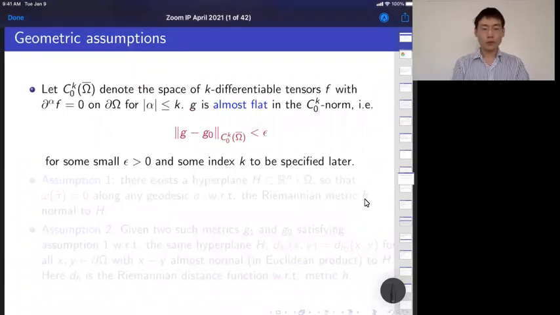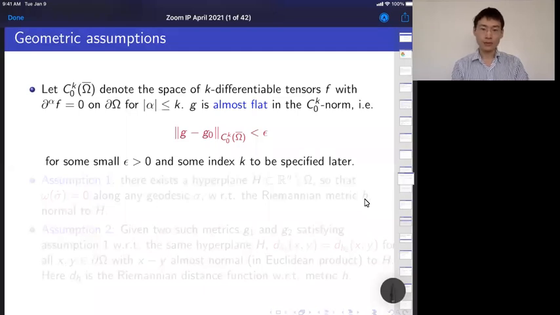Before giving the statement of our main results, of course we need some geometric constraints on this metric. One is that I already mentioned we require the metric to be almost flat.